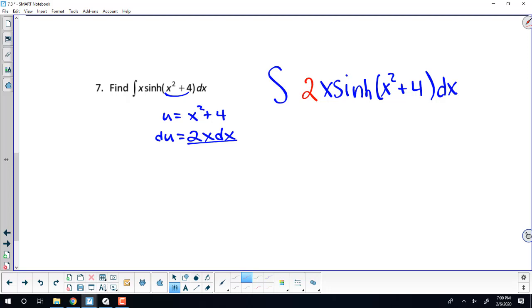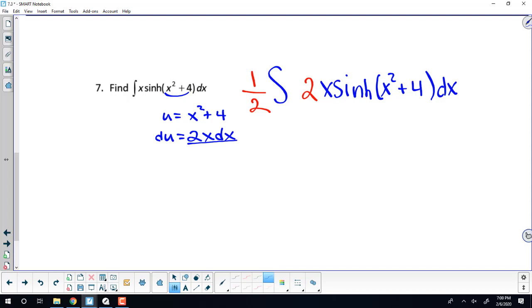All you're doing is, wishful thinking, multiplying your integrand by 2. You can do that as long as you divide the integrand by 2 as well, to match up what you have in the original integrand.